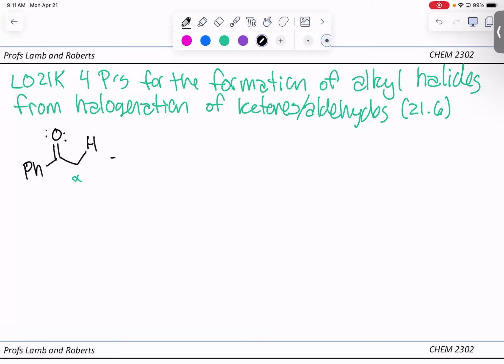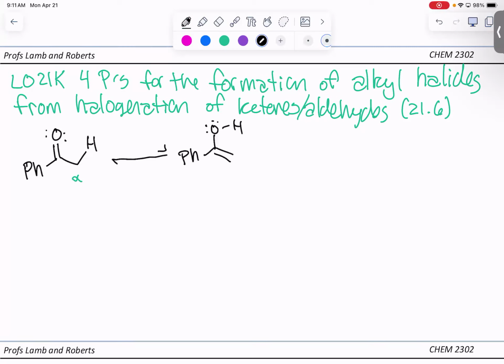And we've seen this equilibrium where most of the time it does exist in its ketone form, but this equilibrium does lie partially to the enol side of things, right? So actually, if you all remember NMR spectroscopy from 2301, if you were to take an NMR of this compound, you would see a bunch of signals for our ketone form, but you would also see this enol in solution as well.